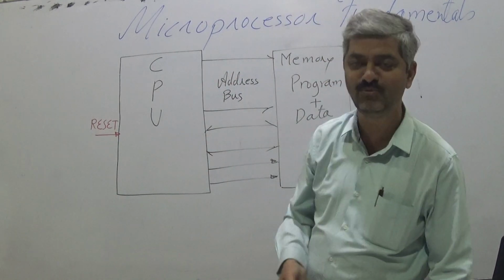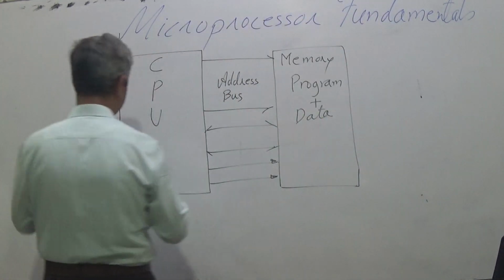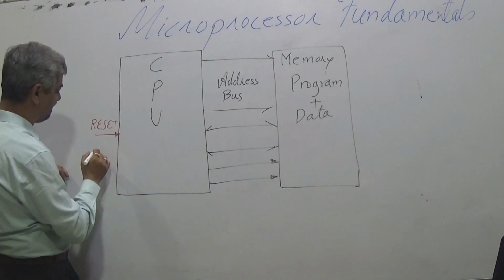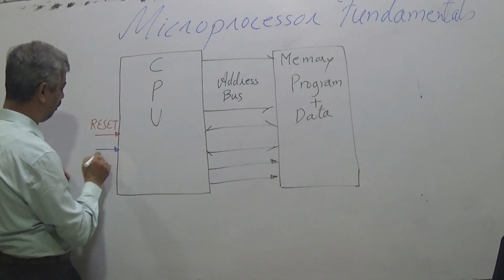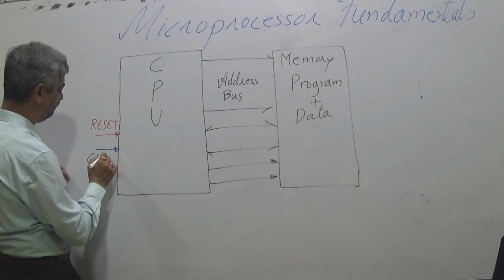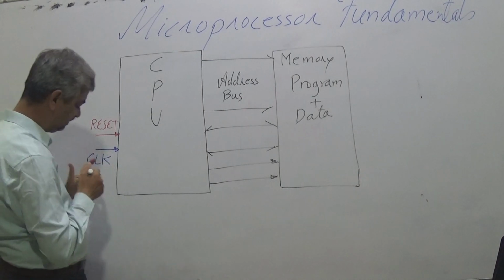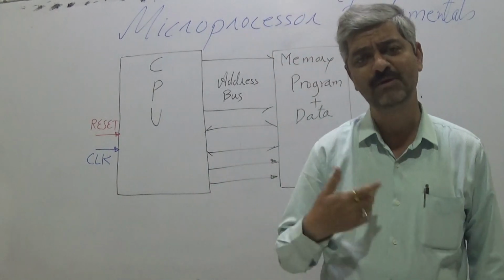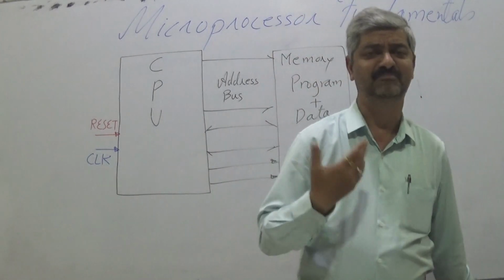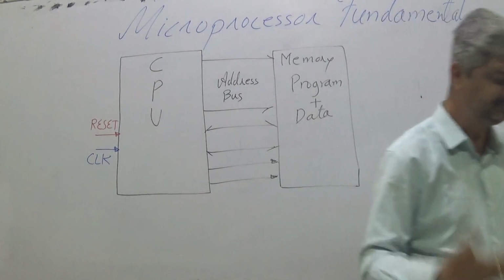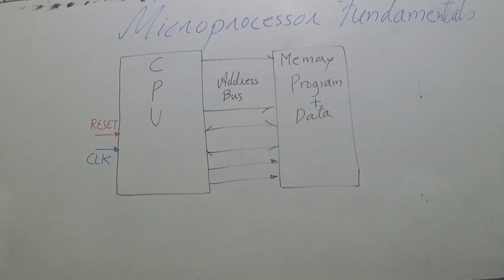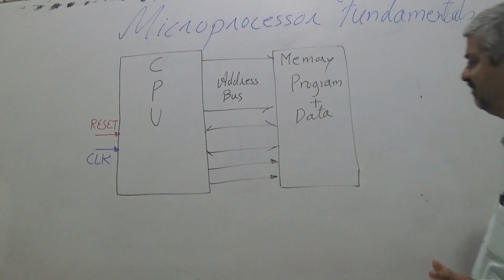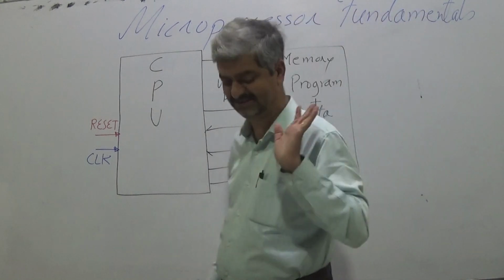And there is one more pin to it. I will explain it in a very systematic manner. One more pin is the clock pin. Just an example: just like human beings, all operations take place on heartbeat. These examples or comparisons are given just for understanding purposes. Don't quote them anywhere else.